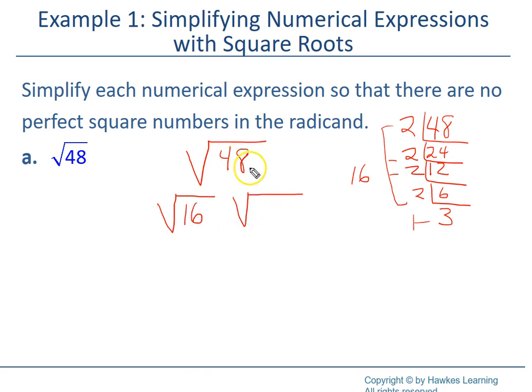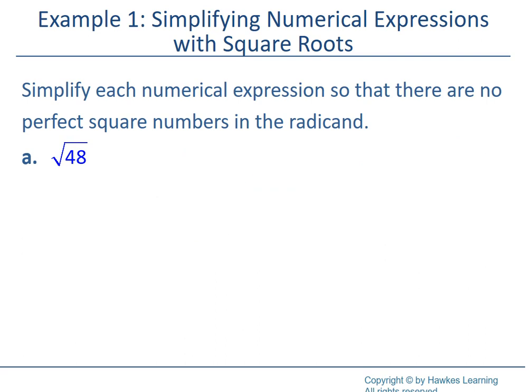And then the other factor is a 3. So there's no more perfect square factors left here. So this then becomes 4, the square root of 3. Alright, now your textbook authors, they show this as well. So let's just follow it through a little bit here.